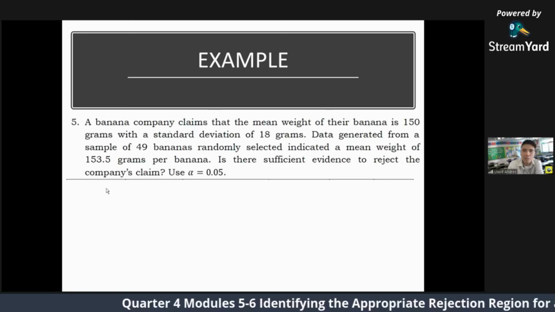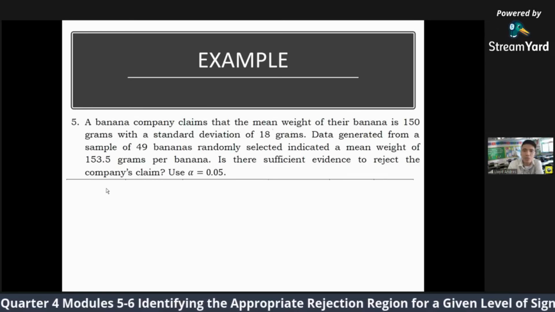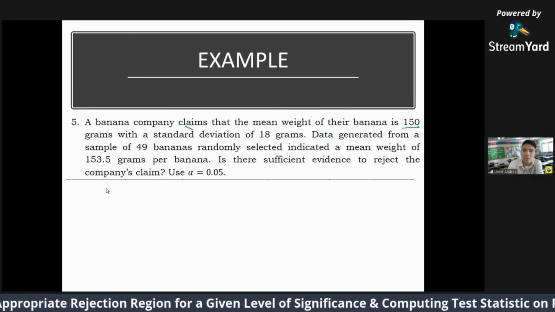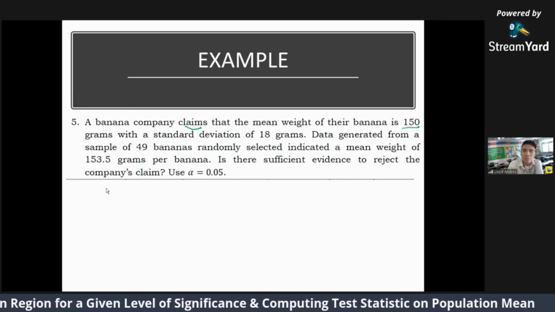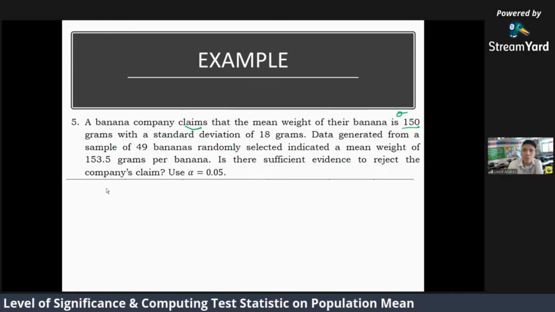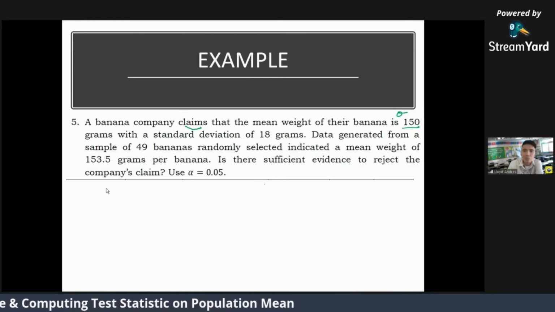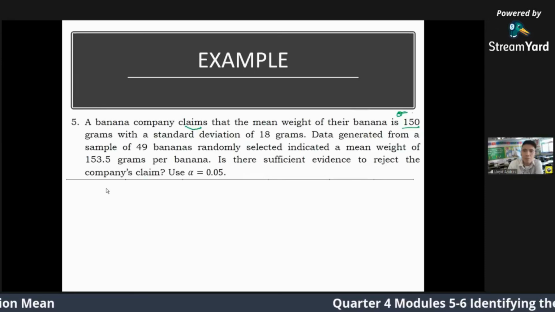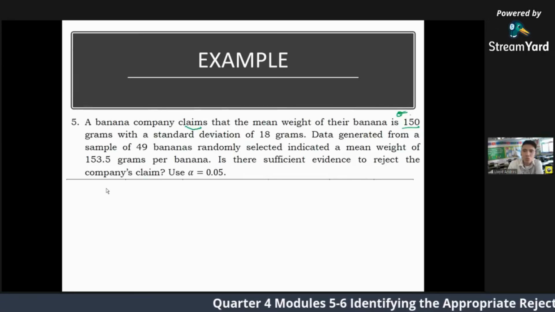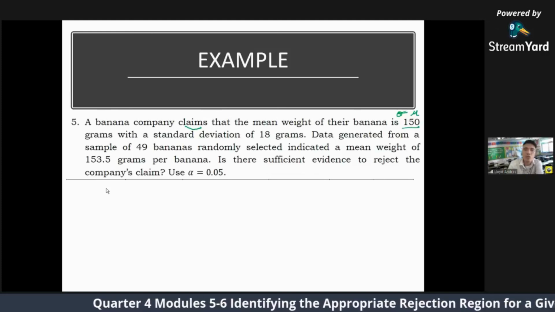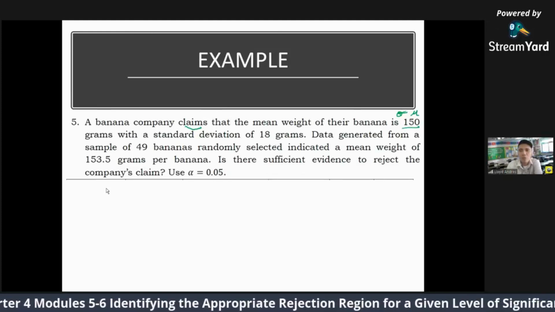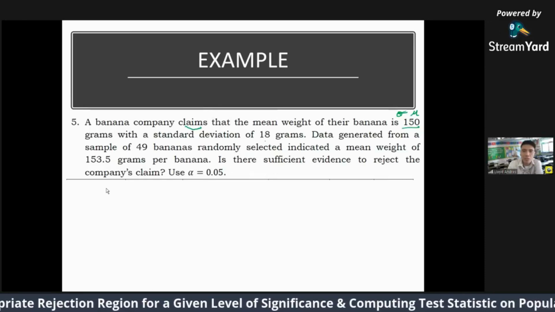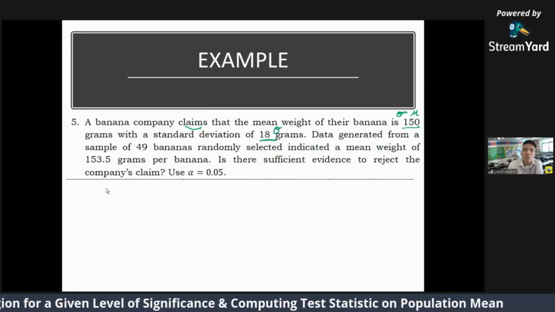Banana company claims that the mean weight of their banana is 150 grams. So kani, mao ning claim sa banana company. This is your mu, population mean. While ang standard deviation is 18 grams, this is our sigma.